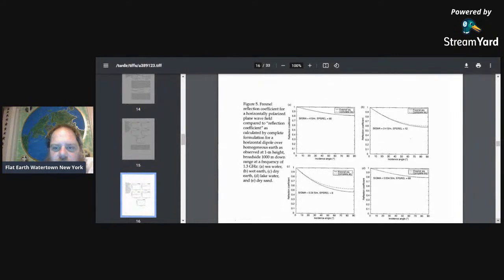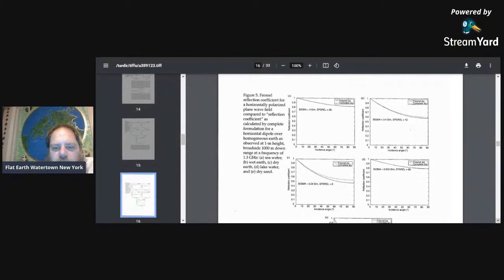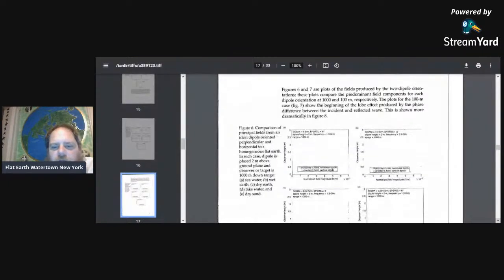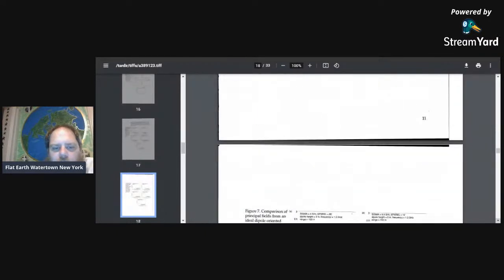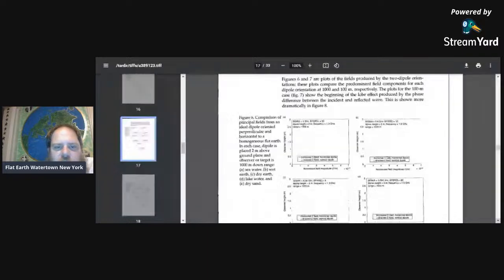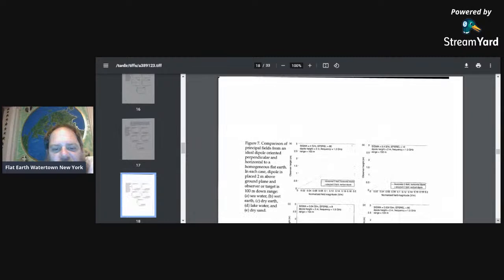It's important to know the electromagnetic field of the Earth, but what's important to me is the flat Earth part. As you can see in Figure 6, comparison of a principal field from an ideal dipole oriented perpendicular and horizontal to a homogeneous flat Earth. That means uniform throughout, which is flat. That's pretty interesting. Right here is Figure 7, same thing.